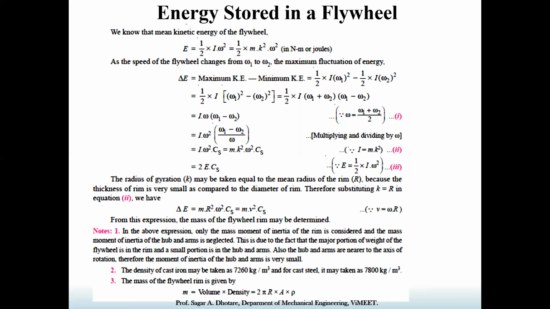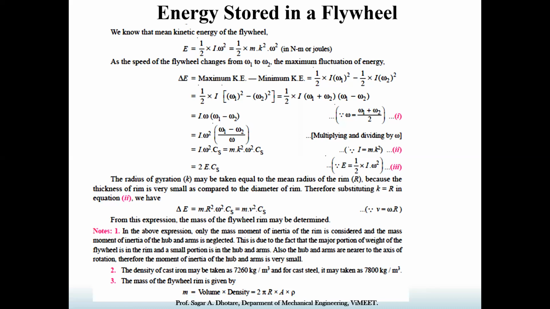This is due to the fact that a major portion of the weight of the flywheel is on the rim, and a small portion is on the hub and arms. So from the practical point of view, the hub and arms are near the axis of rotation. Therefore, the moment of inertia of the hub and arms is considered to be very small.